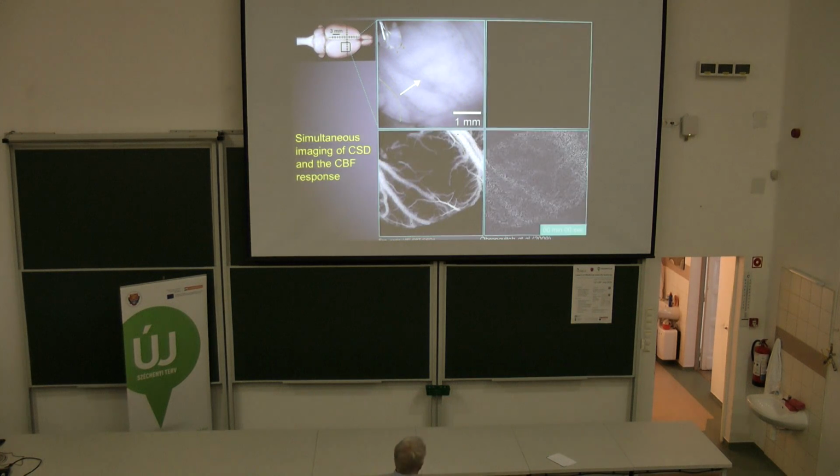And during the last couple of years, my colleagues worked on multimodal imaging of the cortical spreading depression, spreading depolarization, and changes in the local cerebral blood flow.